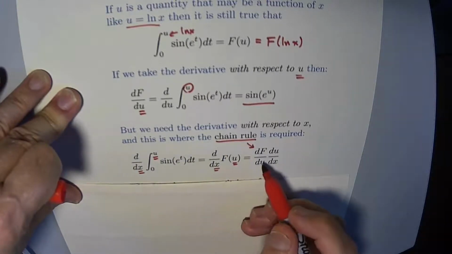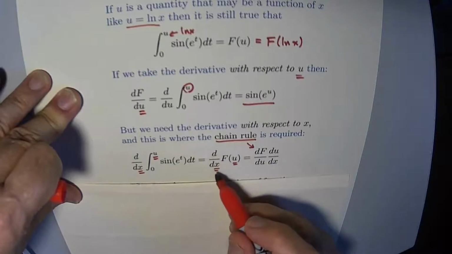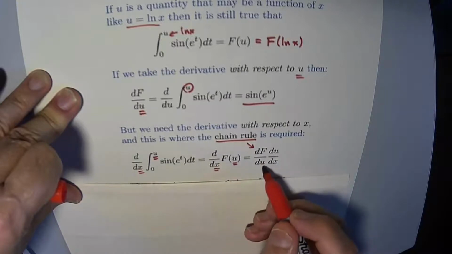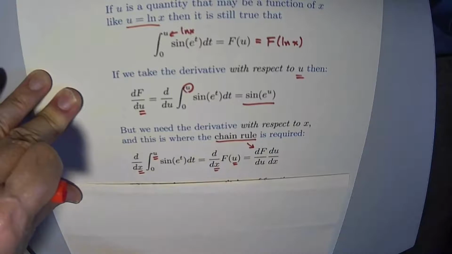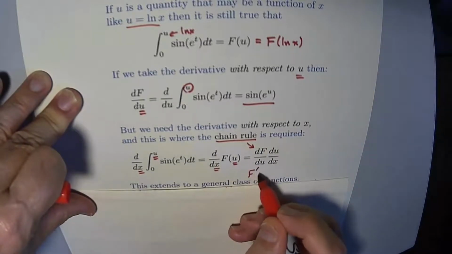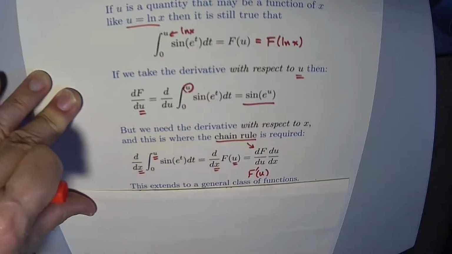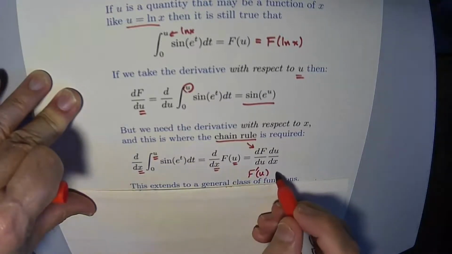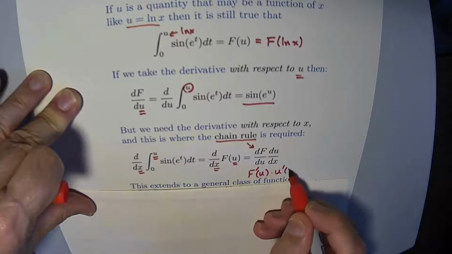The chain rule says the derivative with respect to x is the derivative with respect to u times the derivative of u with respect to x. The derivative with respect to u is the same thing as f prime of u, and du/dx of course is u prime of x.